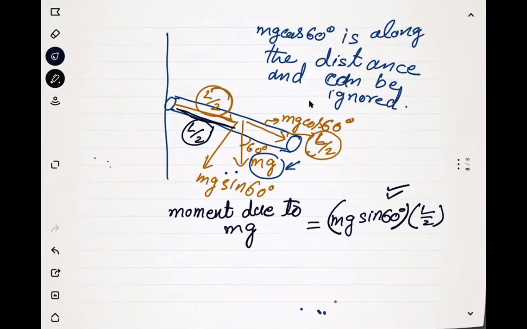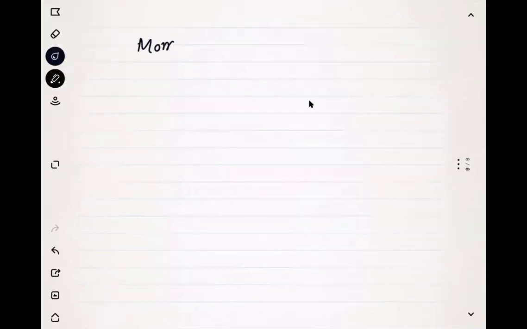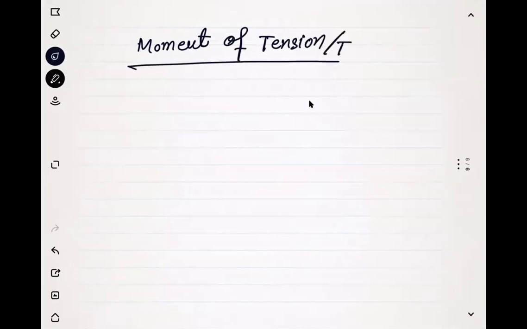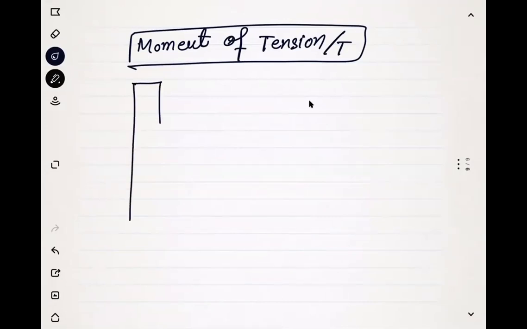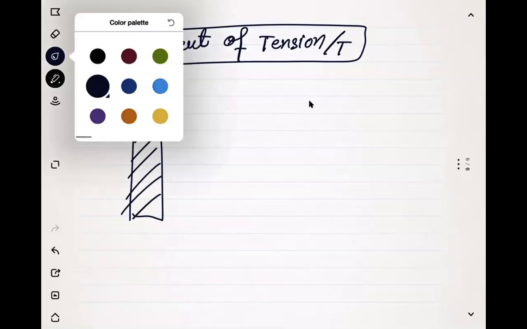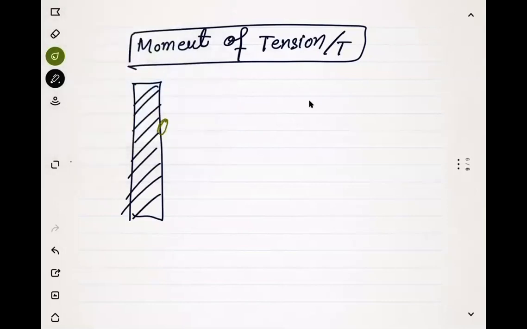Now the other force that is acting is tension. Moment of tension, represented as T. For that, you have to resolve the tension. If we resolve the tension, what will it become? This is the wall, and if the tension is resolved, the values of angles are given, so it would be an easier question.